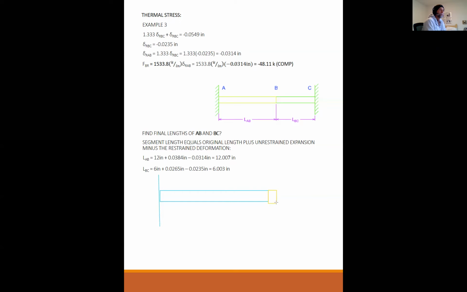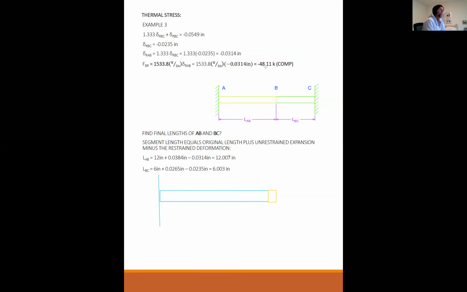And it will expand, we calculated, by 0.0384. So if it was totally unrestrained, then its new length would be 12 plus 0.0384. That would be the total length, right? That's easy to see. But then we calculated that there's a restraining force on this. It was not free to expand all the way.